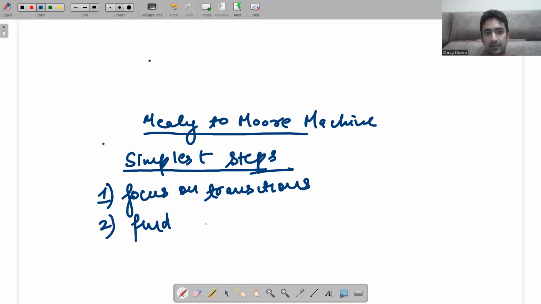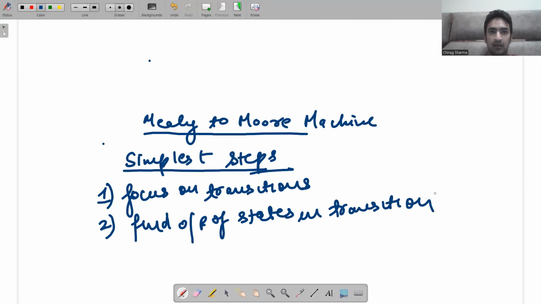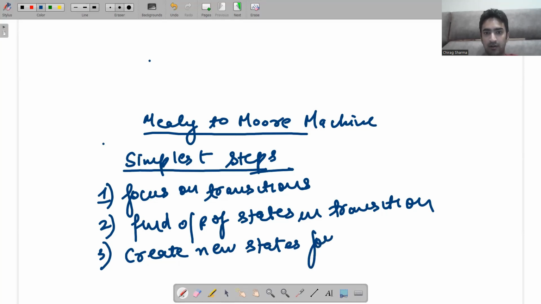Find output of states in transition. Create new states for variable outputs.